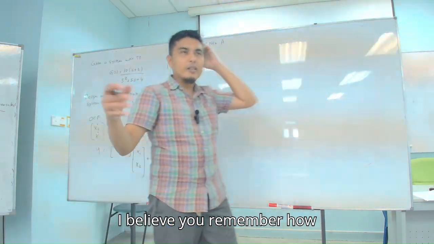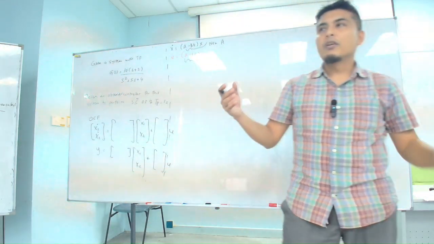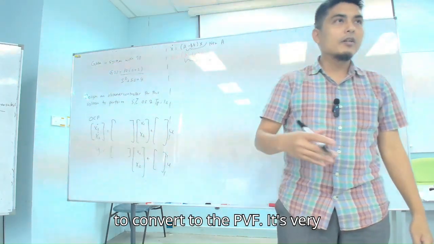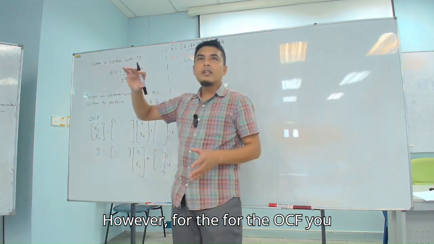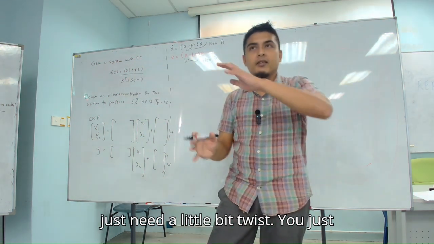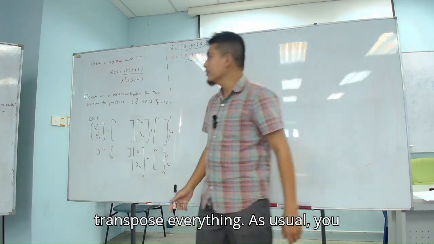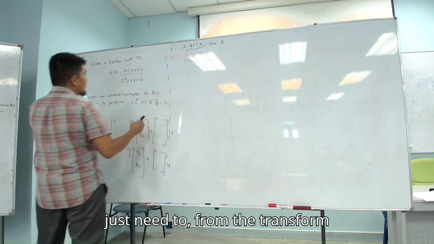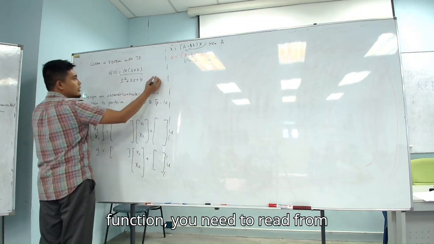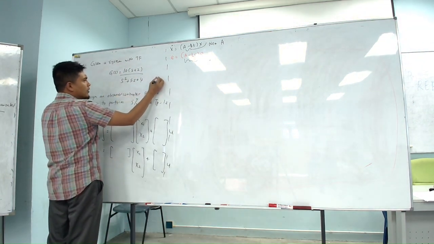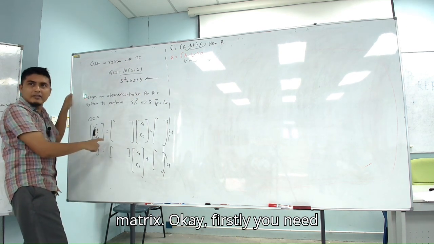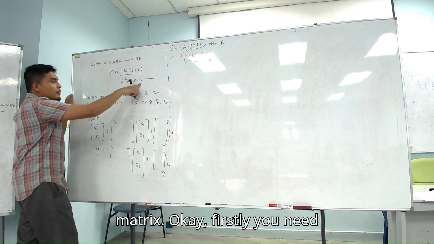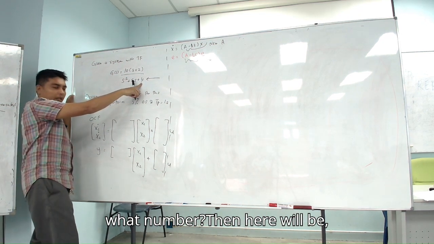I believe you remember how to convert to the PVF. It's very simple. However, for the OCF, you just need a little bit of a twist. You just transpose everything. As usual, from the transfer function, you read from right to left to fill up the A matrix. Firstly, you meet what number?